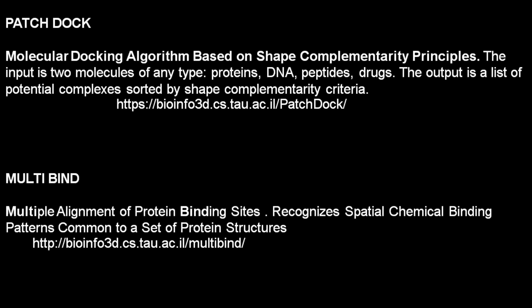Whereas PatchDock looks at a ligand and a target protein and sees what the commonality is based on their shape. As you can see, they are all web server based. So we upload our problem and the results will come to your email ID and we can start analyzing them. They are all free of charge.